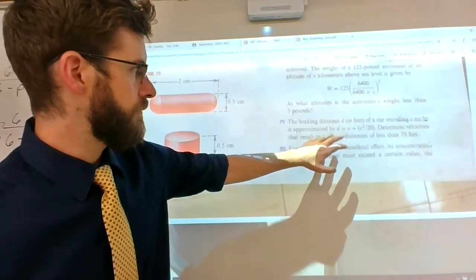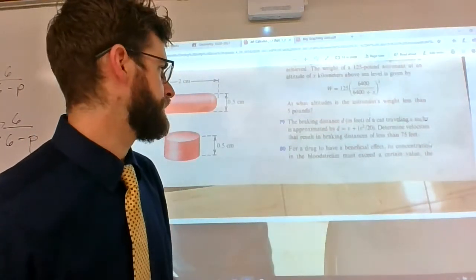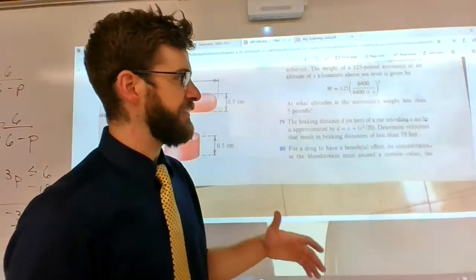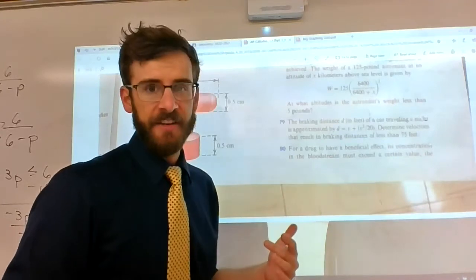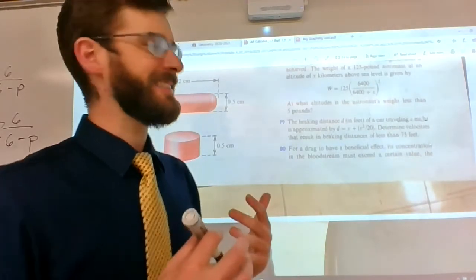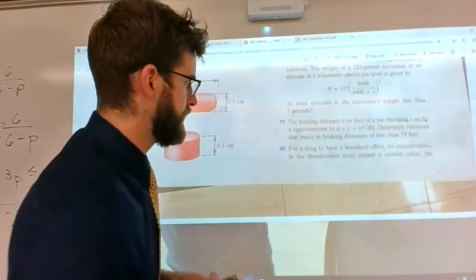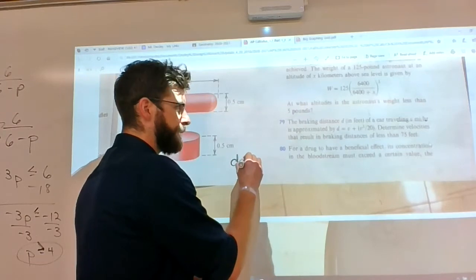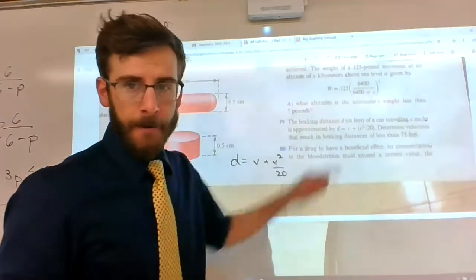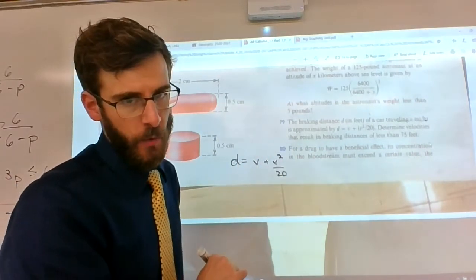The velocity of the car is v. It's pretty straightforward about what's happening here. It says determine the velocities that result in braking distances of less than 75 feet. Okay, so less than 75 feet. The first thing I'm going to do is take this equation right here and rewrite it with d on the other side of the equation.